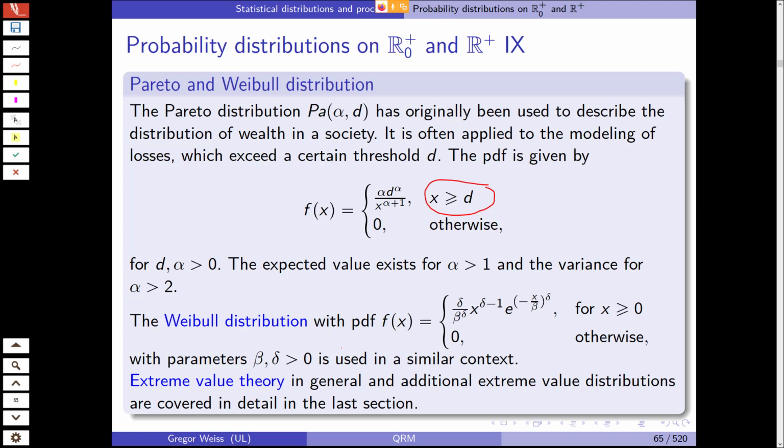Now, extreme value theory, which we'll be talking about at the very end of this lecture, and additional extreme value distributions, they are covered in the last lecture.